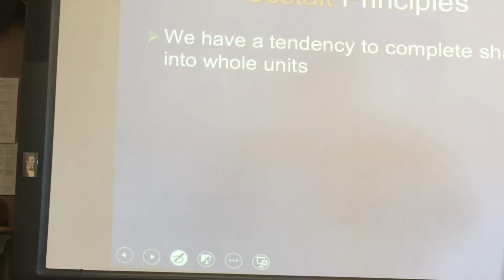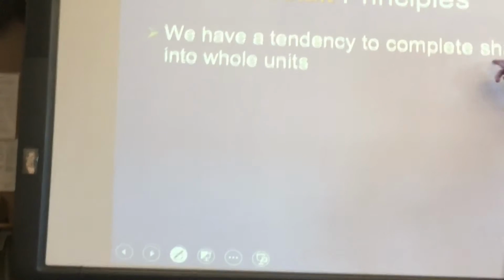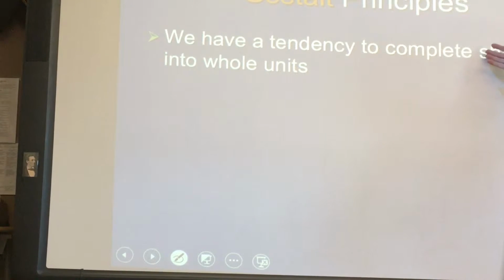From the particle to the whole, or from the whole to the particle. We also call this bottom-up or top-down processing. Again, this falls in with our perceptual set. Remember that we have a tendency to complete figures using our expectancy.